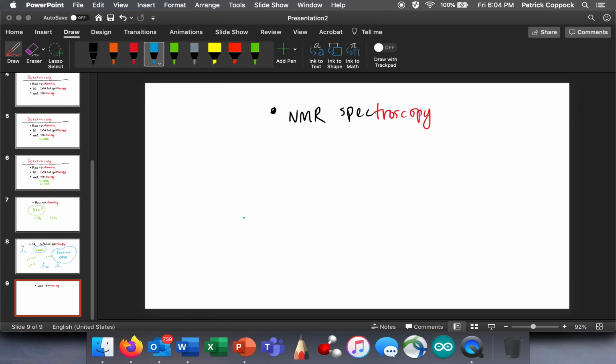And finally, with NMR, we are going to talk about environment, or electronic environment. What I mean by that is that these two carbons have a different environment, and so we're going to get different signals with NMR.